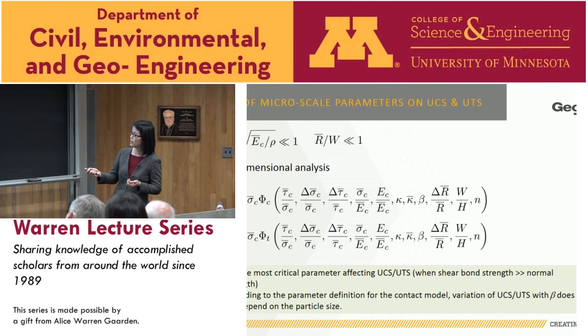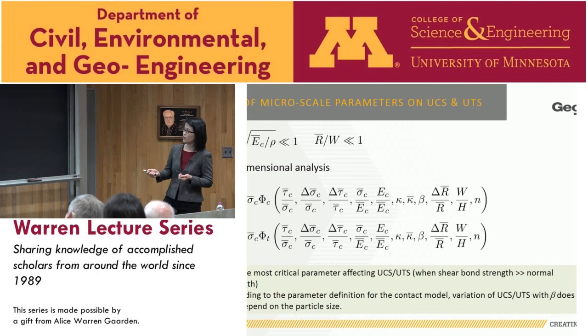And in the result I just presented to you, I set the shear bond strength over normal bond strength to very large, so this one goes away, and that means beta is the only primary factor affecting this strength ratio. So that's good news.